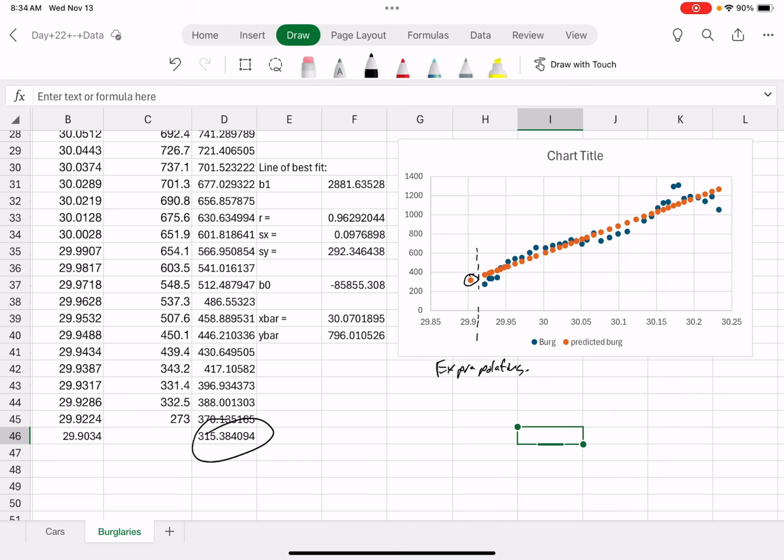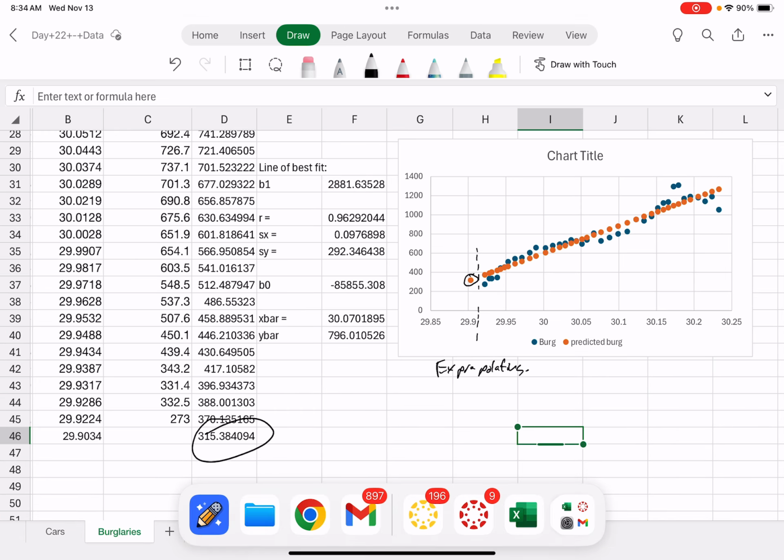And we'll talk about the variation thing in class.